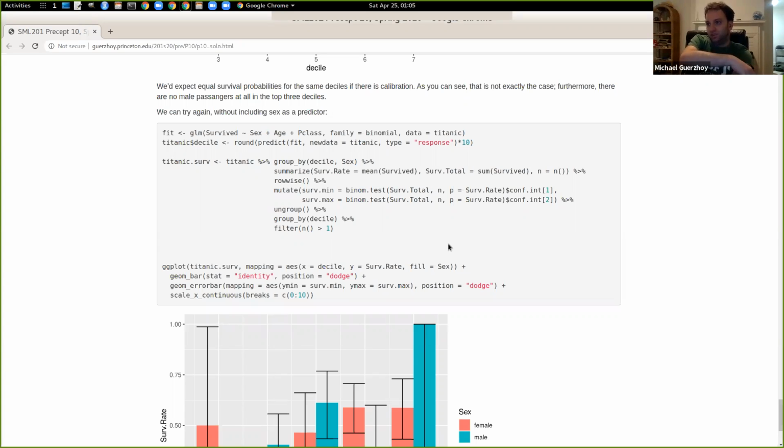That would be the reason you'd expect there might not be calibration if you don't use sex as a predictor. I'll rework the example and post it in a second.